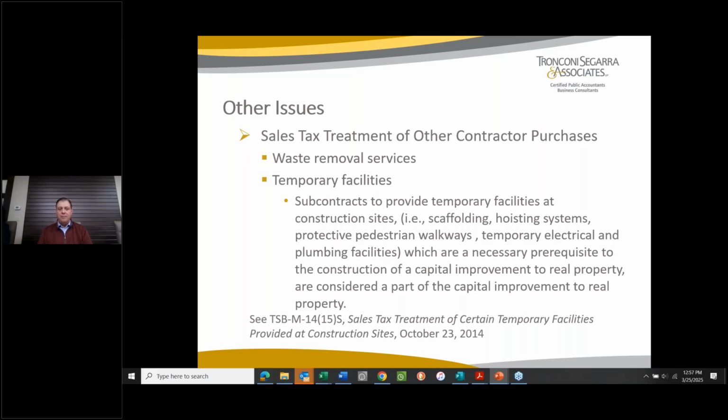Like we've talked about that before. So if the end result of that job is a capital improvement, then the contractor doesn't need to charge tax on that. If the end result's repair and maintenance, the flip results where you would be charging tax on those services. So just one other thing to note with that.